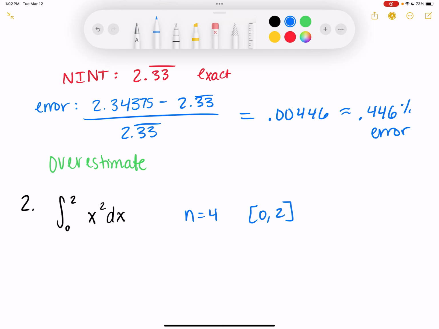So first and foremost, I need to find h. How do I find h? B minus A divided by n. So 2 minus 0 divided by 4, which is 1/2. So h is 1/2. On this one, I'm going to show you the way I usually do these problems, setting up a tiny table, which is easier than how I wrote out every single one up here.